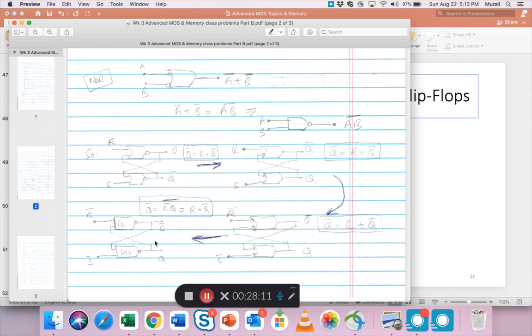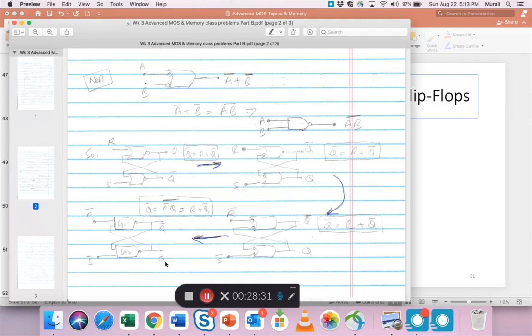Finally, we come to the last step where we take the 2 inversions at the inputs and put them on the output. So these OR gates become NAND gates. So this and this become NAND.